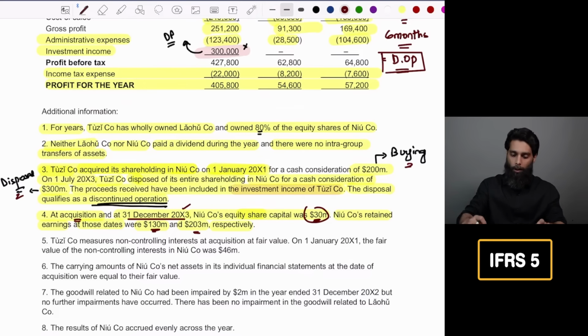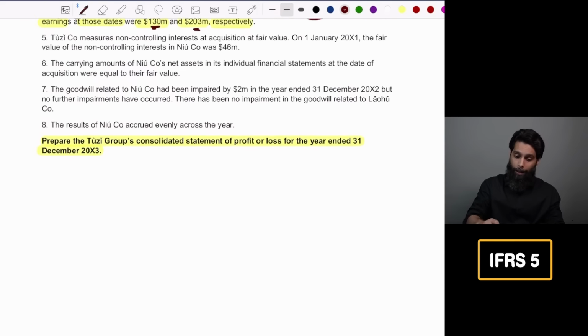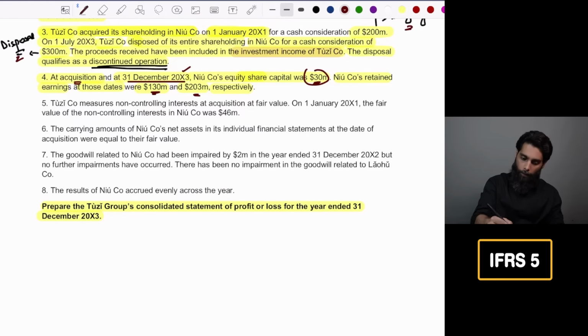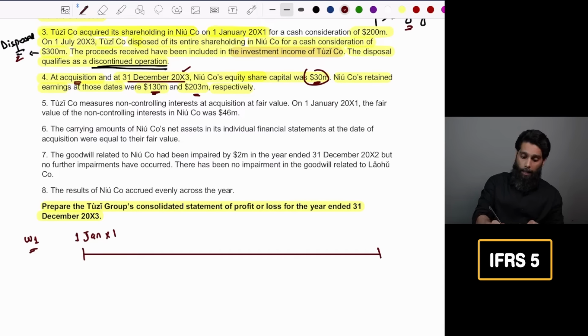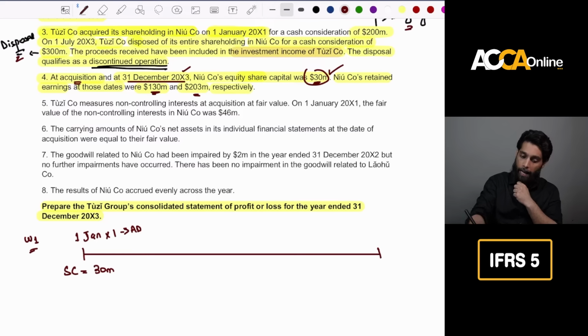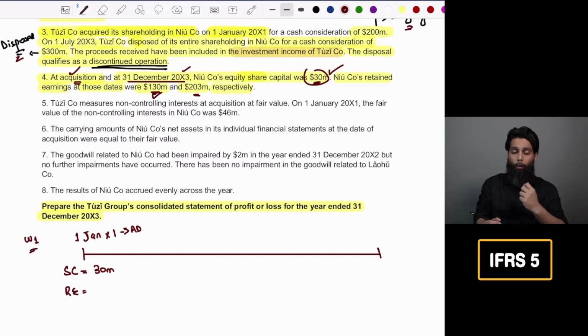Now, let me just explain to you, and you need to carefully listen to what I'm saying. I'll do this here. Consider it working number one. If I prepare a timeline for you, I write 1st January X1, which is the acquisition date. At this date, examiner says your share capital was 30 million, and at acquisition your retained earnings were 130 million. So we know what our net assets were at the acquisition date.